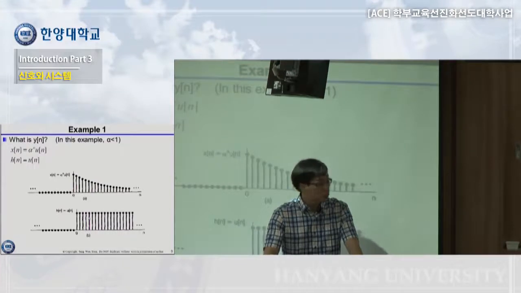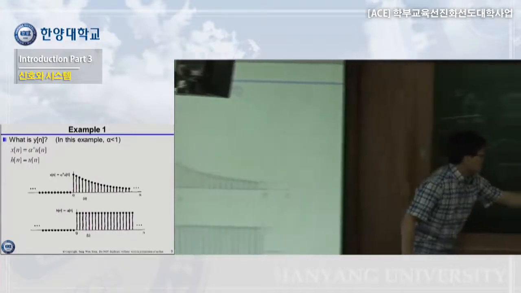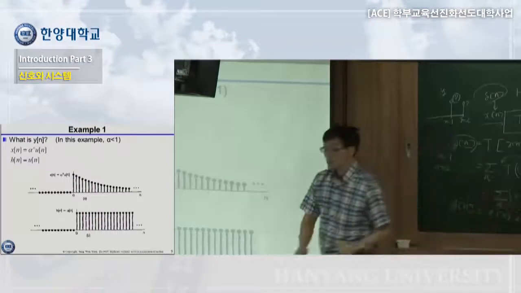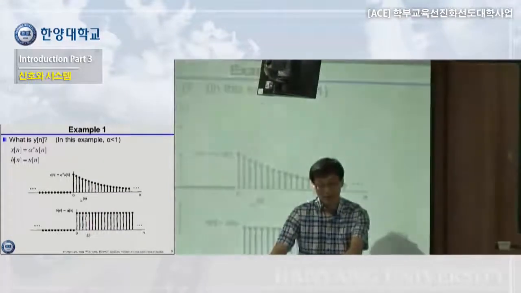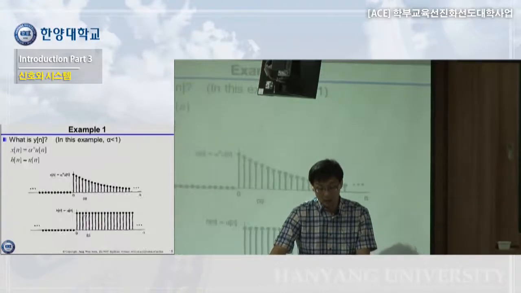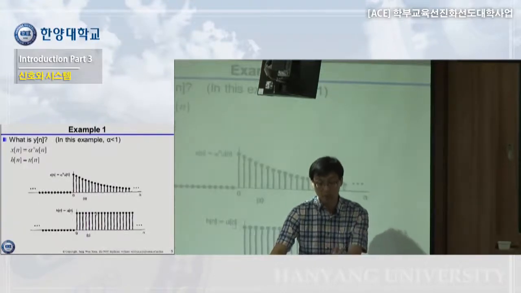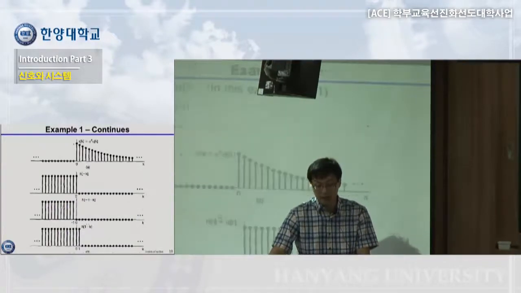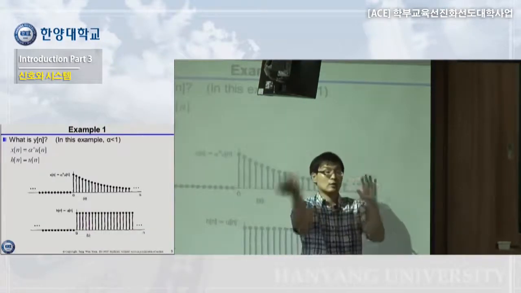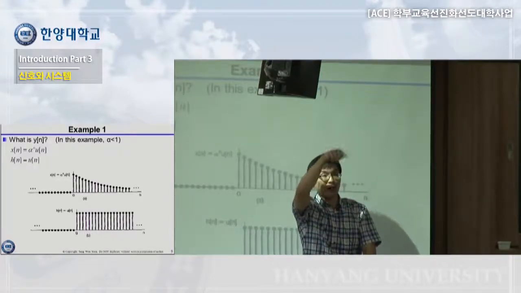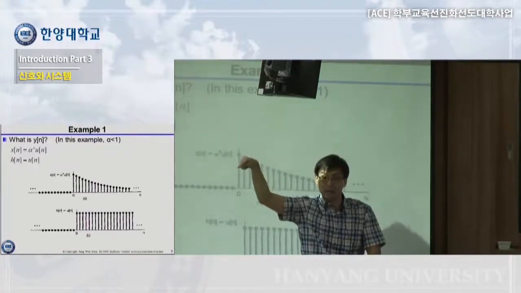So let's pick this one as n minus k, and the upper one as x. Keep this one as x, and change this one to k. And this one should be n minus k. So the variable changes to k, and what happens now is that it shifts and gets reversed, because it changes from n to minus n.